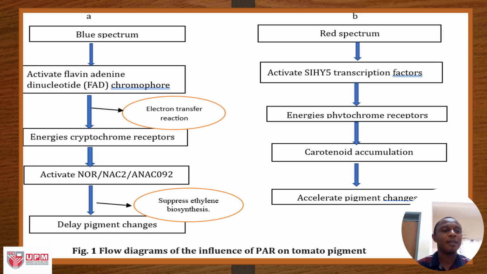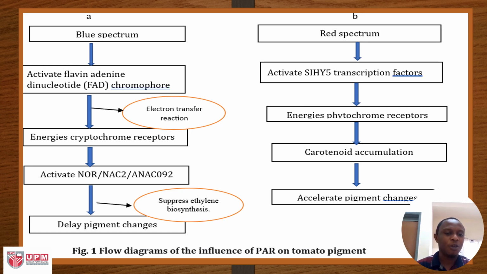On the right, the red spectrum, when radiated on tomatoes, energizes the SIH-Y5 transcriptional factor to activate the phytochrome receptor. The phytochrome receptor is responsible for changes in pigments from green to yellow, yellow to pink, pink to light red, and light red to red color through the production of different carotenoids.